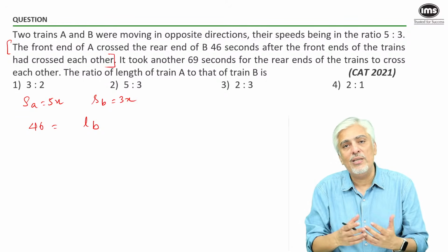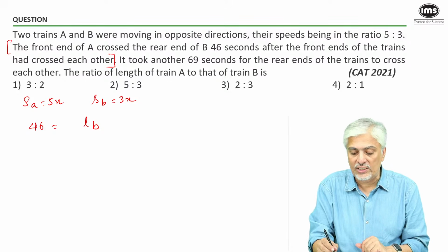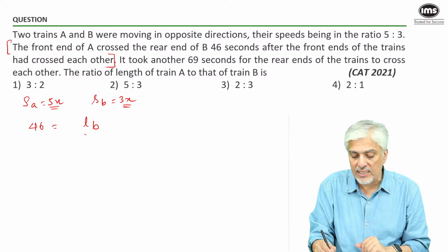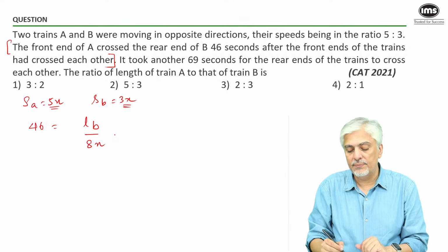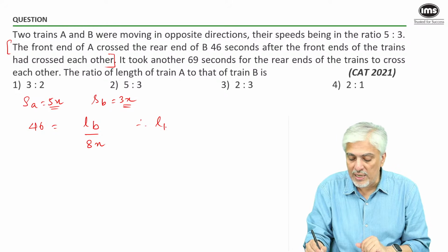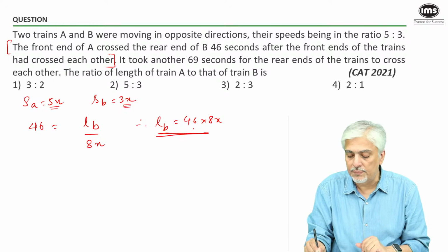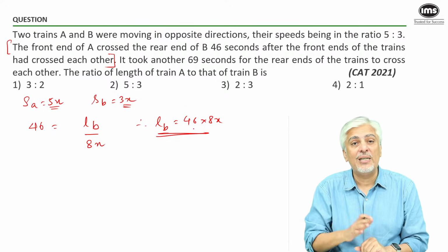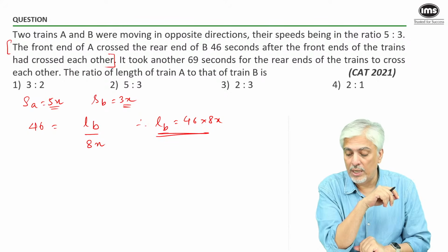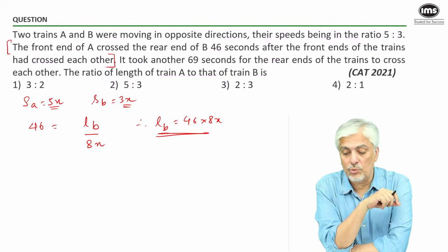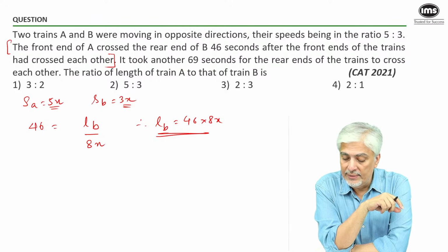And speed will be, obviously, because they are moving in opposite directions, 5x plus 3x, so 8x. Therefore, length of B is 46 into 8x. Leave it over here. Don't even multiply it. If you are multiplying, you are wasting time. Now, if you read the second part of the question carefully, what have they said?